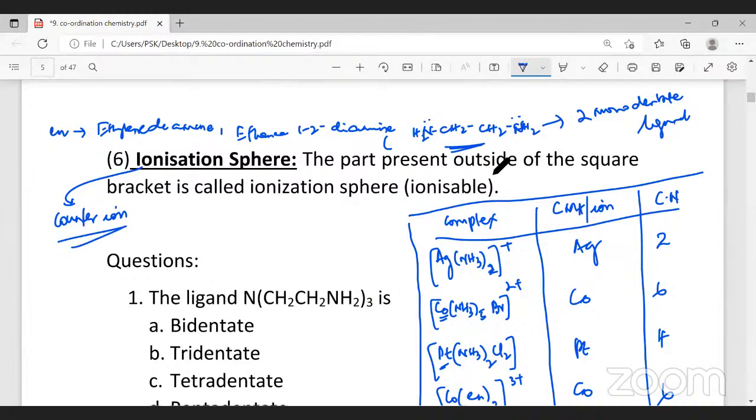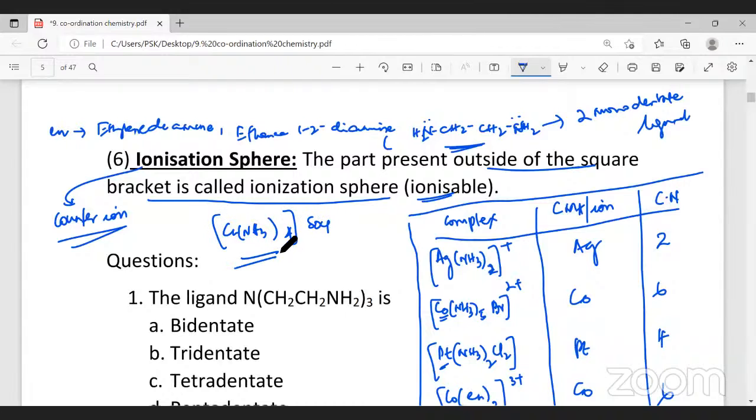So, the ion which is present outside the square bracket is ionizable. For example, if I take a molecule like this, Cu(NH3)4 SO4, the part in the bracket is called the coordination sphere. It's a complex ion. Outside the square bracket, whatever ion is present is called the counter ion. Sometimes it's called the ionization sphere also.